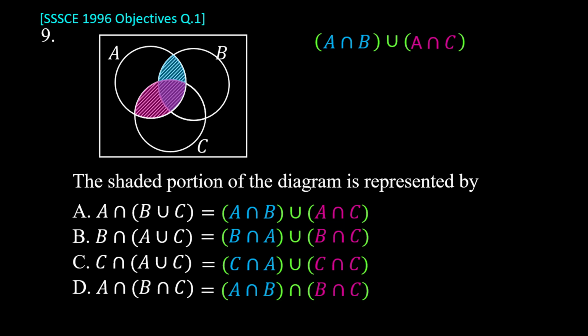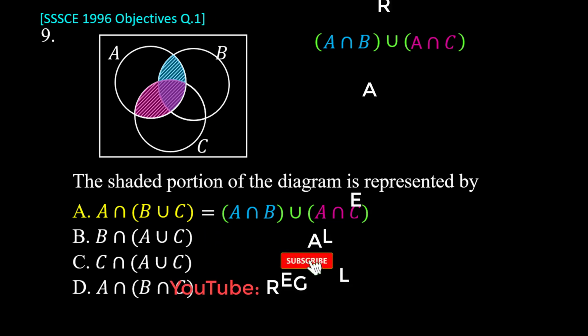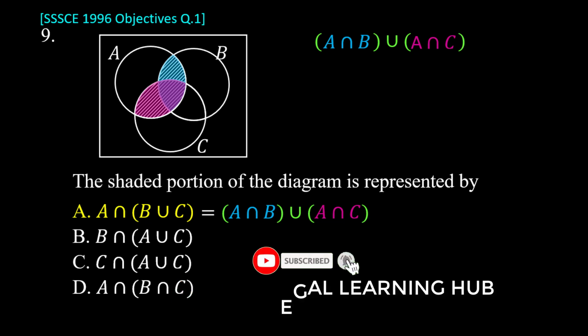That is very simple. That's going to be option A, as shown on the screen. So option A is what actually represents the shaded portion of the diagram.